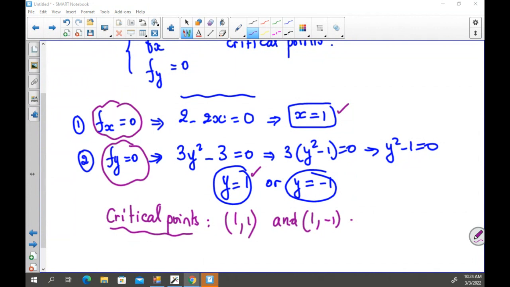I want you to have a look. At the end, I will put this on Blackboard. I will post these solutions on Blackboard.